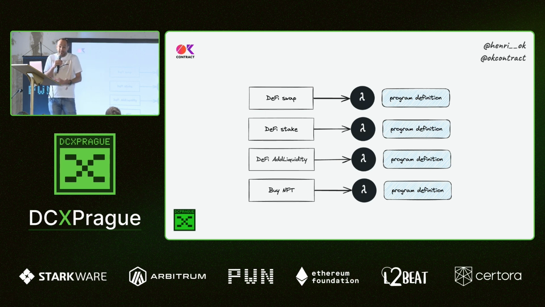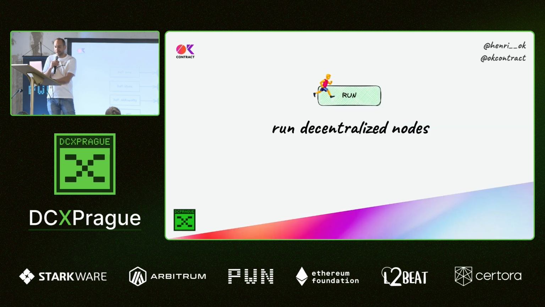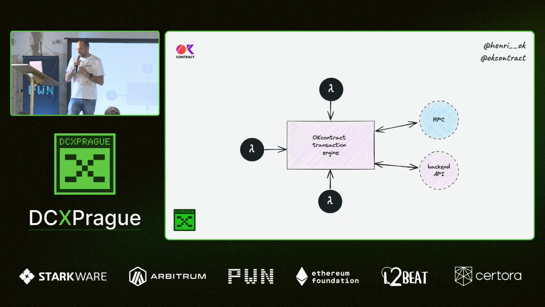So we can specify any kind of transaction. And once we have this, we have the opportunity to run one common set of decentralized nodes for every one of these specified transactions. So that's how it works, basically. The transaction engine is able to run any kind of program definition and connects to RPC and the backend API.